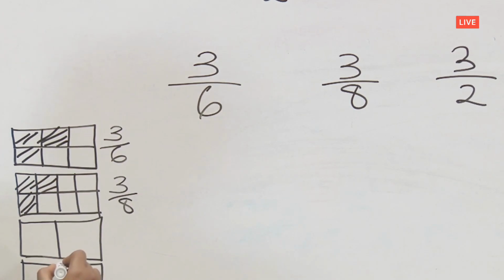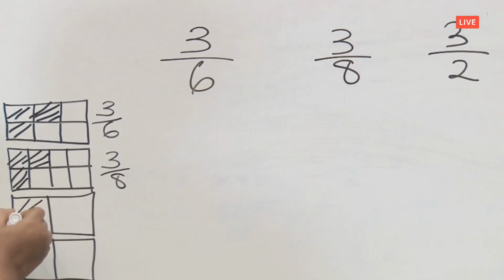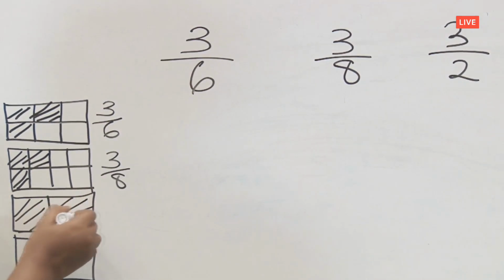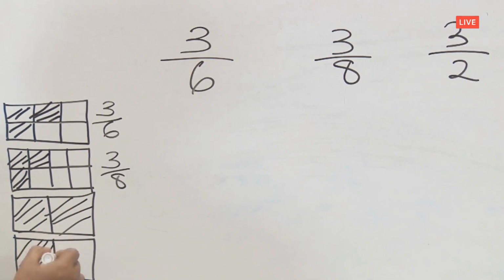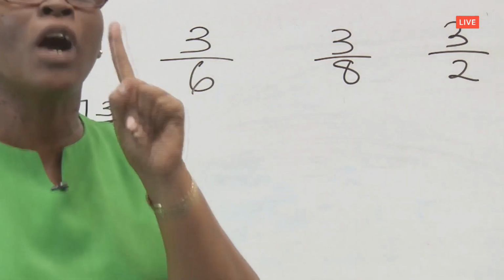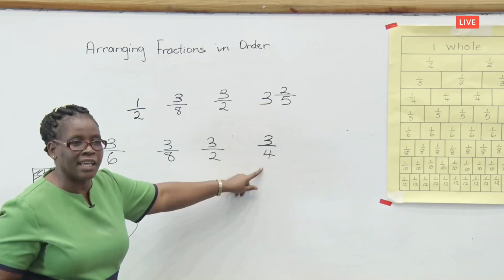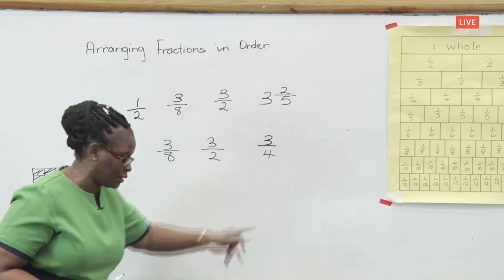Very good. So I draw another whole, and half, so I need 3/2. 1, 2, 3. Remember, this whole thing here is saying 3/2. How many wholes do we have to represent 3/2 here? So we have 2 wholes because we cannot get 3/2 in 1 whole. So we have to draw another whole to get our other half.